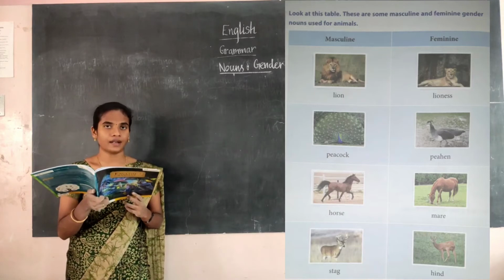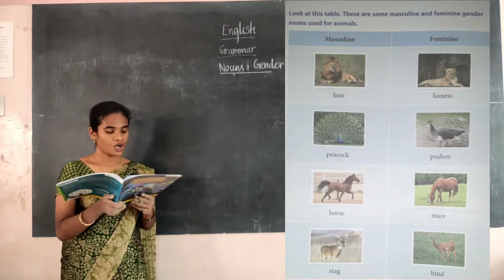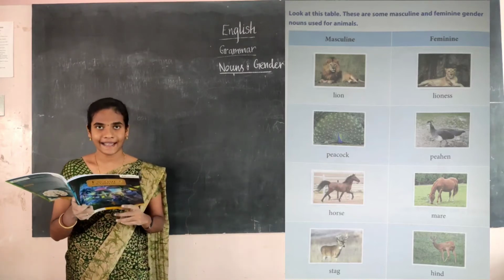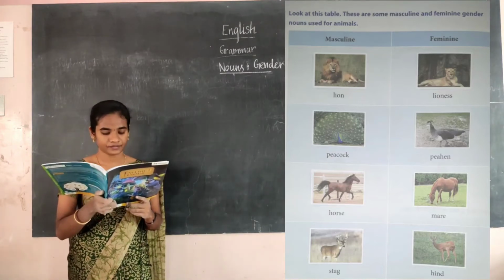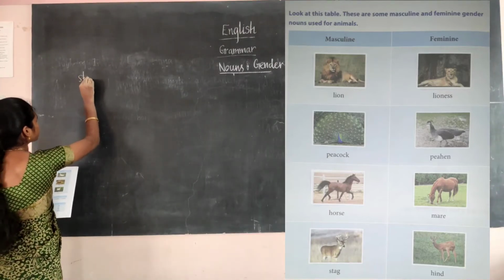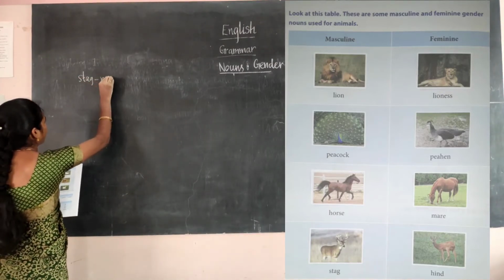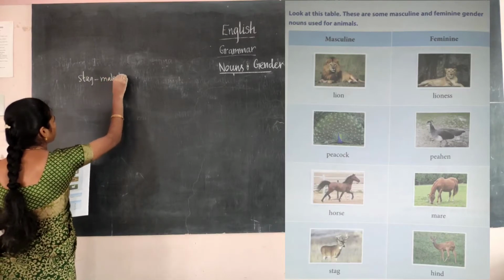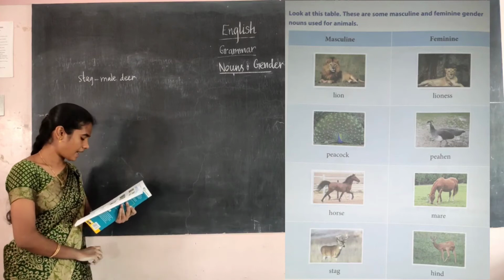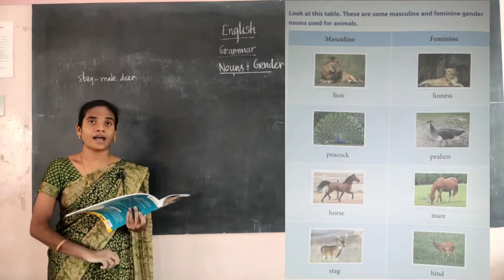So on the side you can write by pencil near the stag: male deer. Stag means male deer. You have to write like this. And the female one is hind.